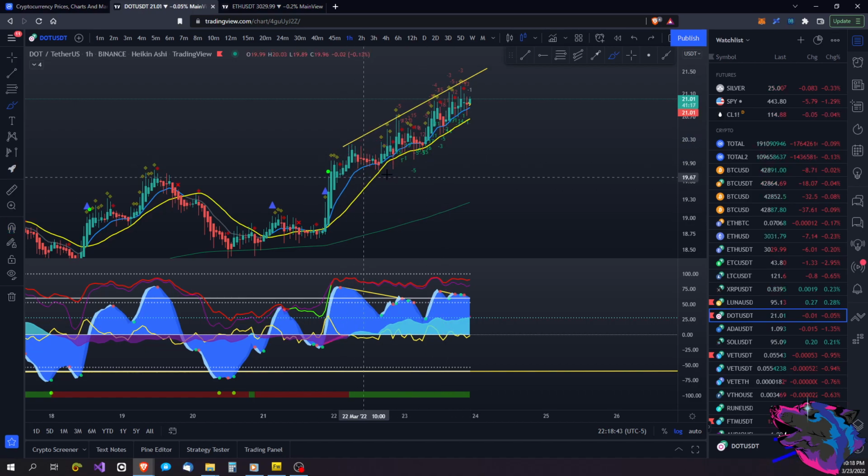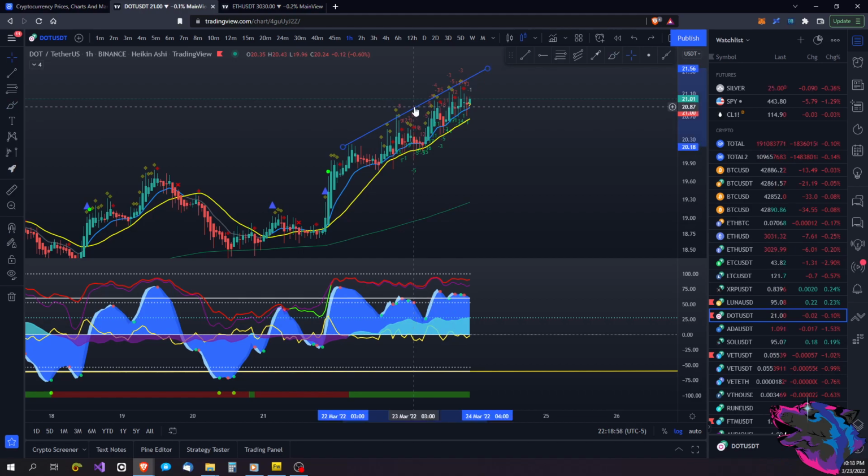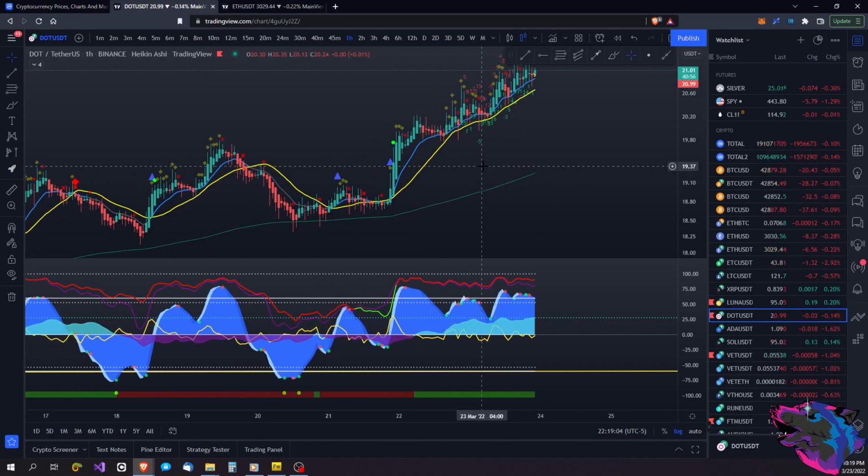If anything, it's just taking a break for a minute, taking a pause, doing a little consolidation. And even though your momentum wave is coming down a little ways, you're really not getting very much. So again, just to reiterate, the money flow will steamroll over anything.